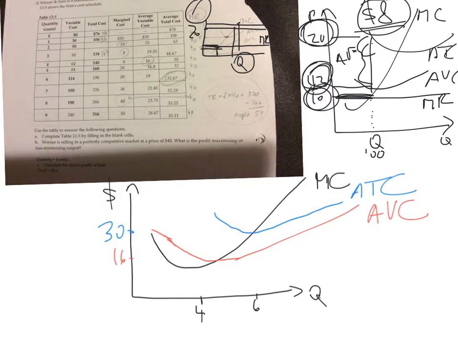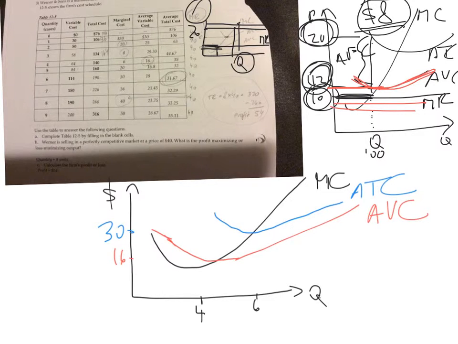So anytime the marginal revenue, whether it would be 10, 9, 8, whatever it would be, is below where the marginal cost intersects with the average variable cost, if it's below this price level, then you would shut down.